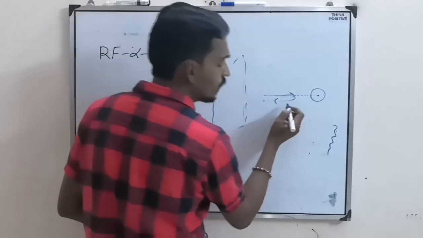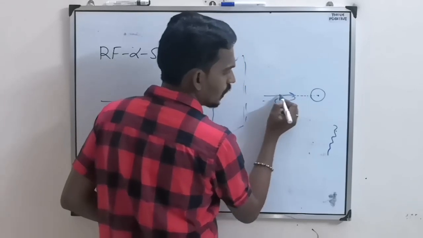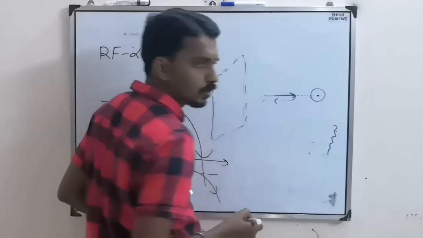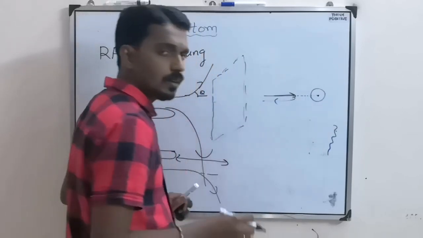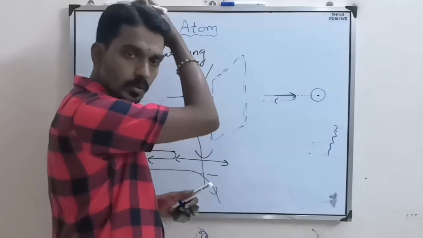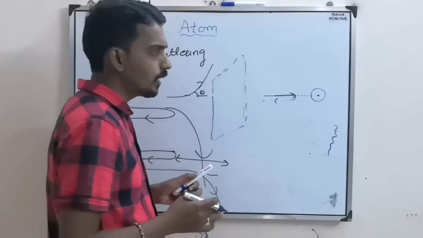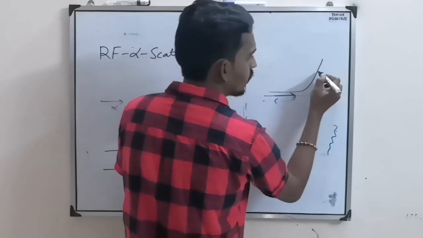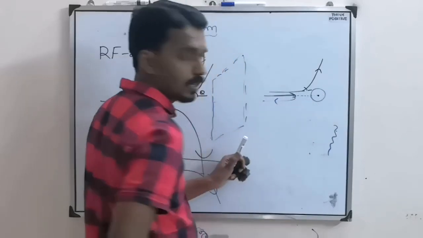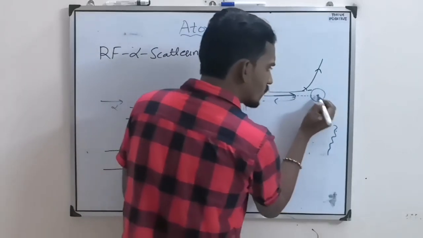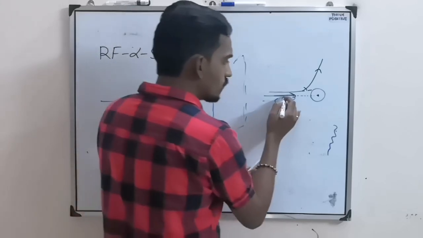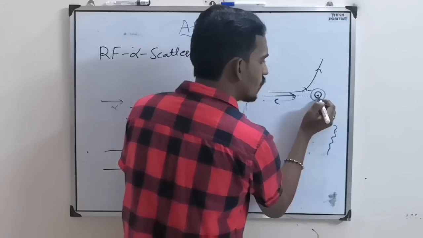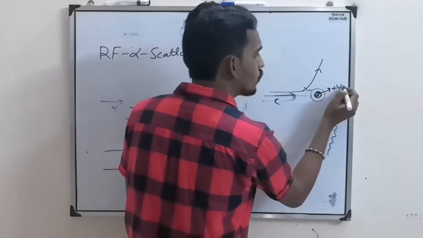That means the alpha particle got reflected due to the central positive nucleus. If it is coming other than this line, then it is deviating at some angle. But when it is coming exactly towards the center, this reflection shows that within the atom the central portion is completely of positive charge.